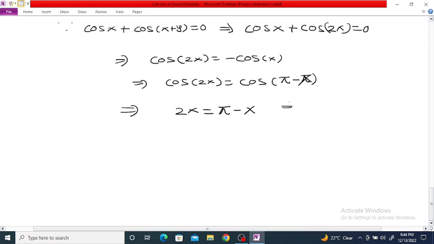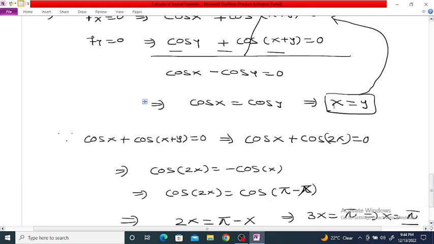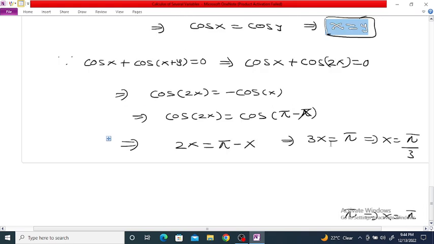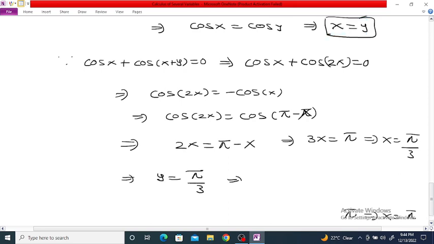So this implies 3x is equal to pi, and this implies x is equal to pi by 3. Now since x is equal to y, y is also pi by 3, and therefore the critical point is (pi by 3, pi by 3). So this is the critical point.